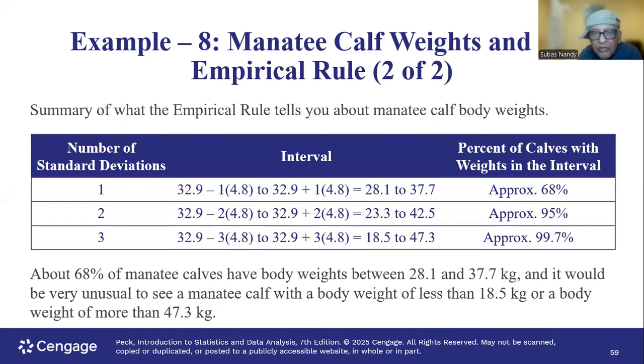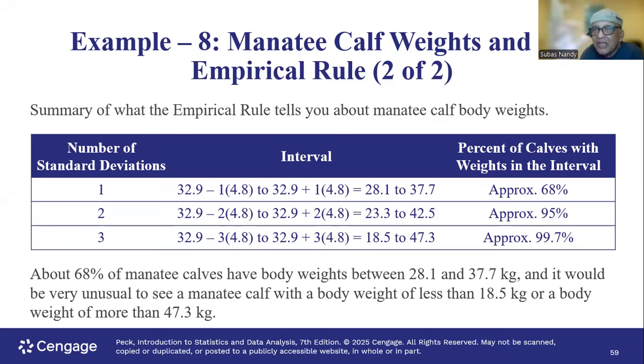If you assume the weights of the manatee calves are bell-shaped or normally distributed, then you add one standard deviation on the right of the mean and subtract one standard deviation on the left of the mean. That is row number 1. In between these two boundaries, that is 28.1 and 37.7, approximately 68% of the data will fall.